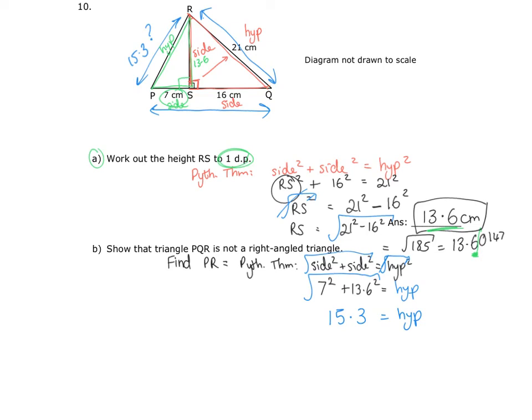Alright, so let's see if there's Pythagoras theorem. We need to check the side squared of the large triangle, which is PR, added to the other side of this large triangle, which is RQ. We square them and add them together, and see what we get. So 15.3 squared plus 21 squared.